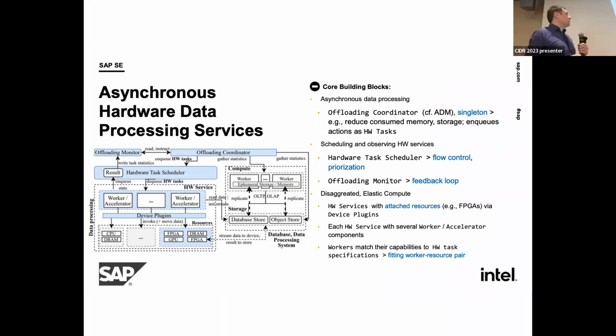On the diagram on that side, it's white and light gray. You see the database with compute and storage, or maybe in more general a data processing system with compute and storage, and it remains basically untouched, our idea on Dash.